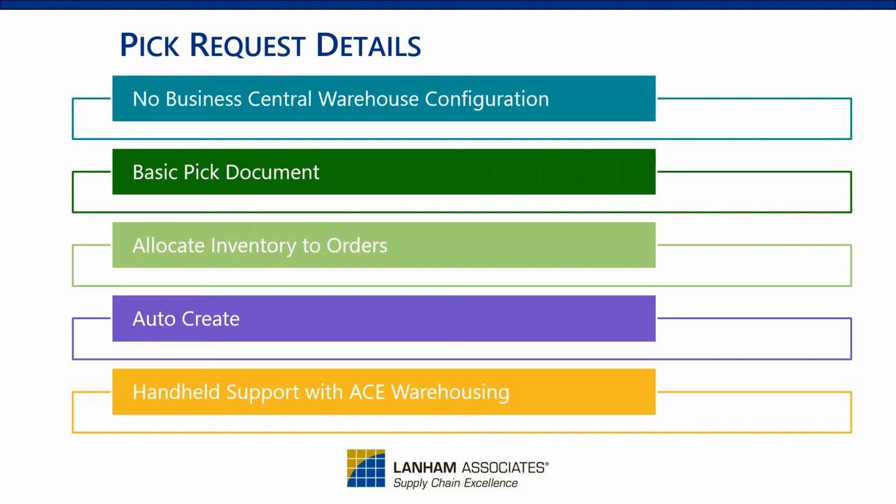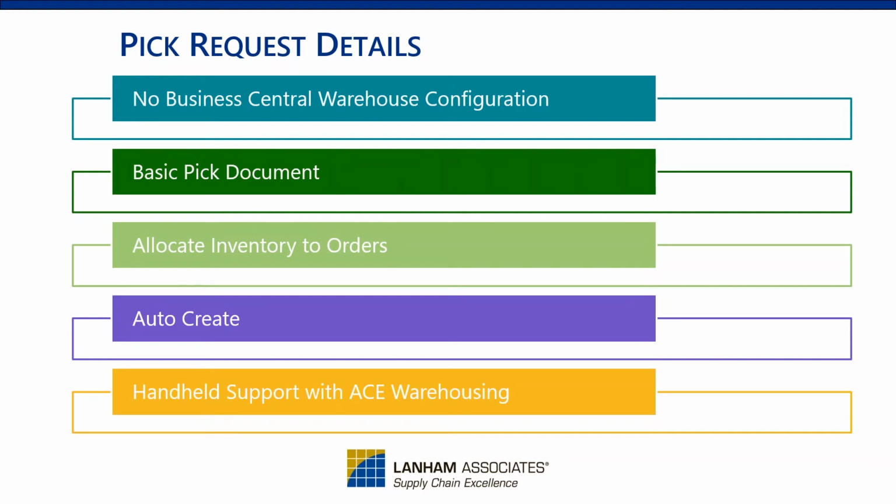It is really just a very basic pick document that's designed to tell someone where to go to get something and what to pick. If you're using bins, it'll have the bin number. If you're using no bins, it'll have the shelf number if you're using shelves. It is a way to allocate inventory to orders. So I can see even in the simple location that I'm consuming inventory associated with orders, so I know where I stand on my position there.